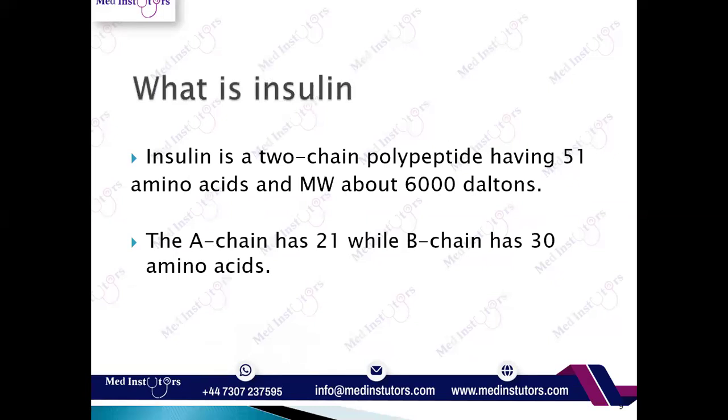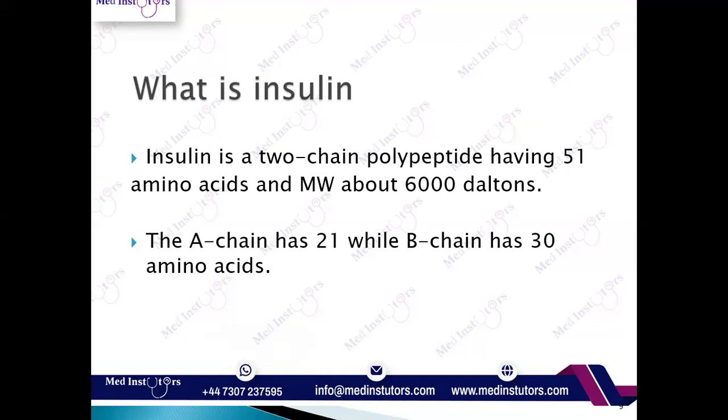Now you can see the insulin structure. It has two polypeptide chains. Insulin is a protein produced by transcription, then the mRNA is produced, then it undergoes translation, and some post-translational modification happens, and our insulin is produced. It has two polypeptide chains with 51 amino acids and a molecular weight of about 6,000 daltons.